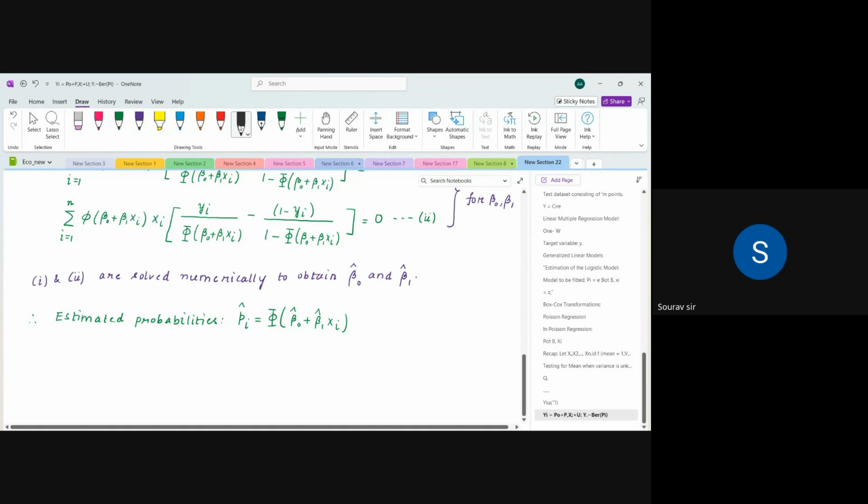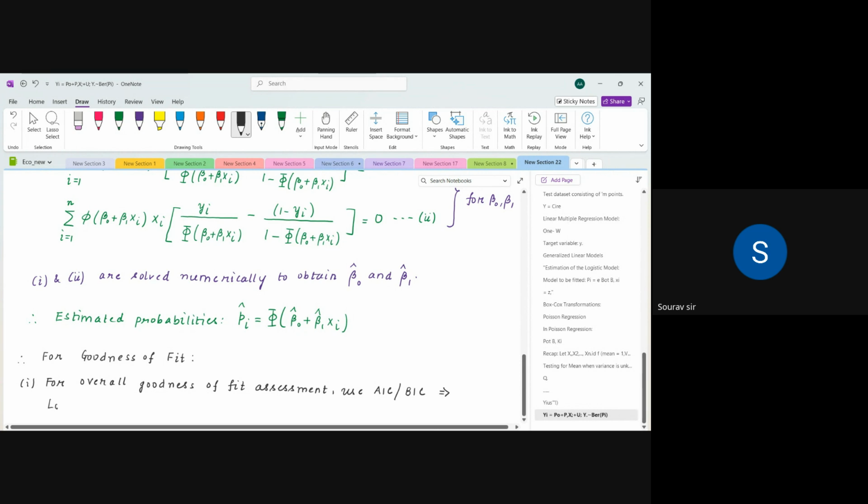So for goodness of fit, two steps. For overall goodness of fit assessment, हम लोग यूज करेंगे AIC या फिर BIC, right?